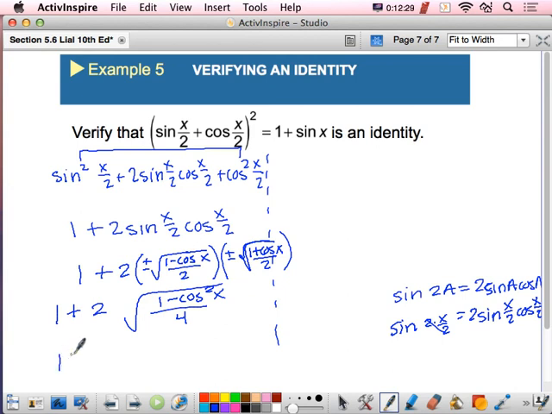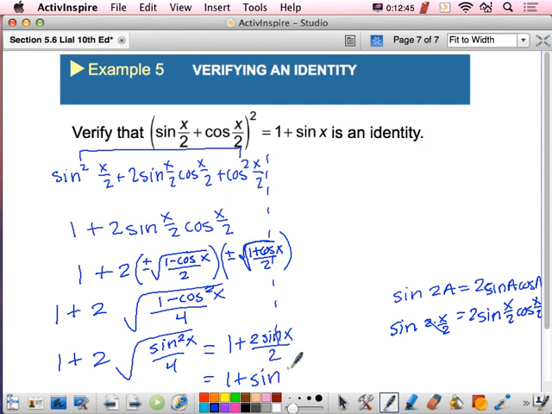So really I have 1 plus 2 times the square root of sine squared over 4, which is 1 plus 2 sine x over 2. And what happens to those 2's? They cancel. So it could be worked out if you didn't see that connection to the double angles. If you worked it like a half angle, it would just take a little time. That was easier to me than the double angle. Well, good. Then you have 2 ways to do it.